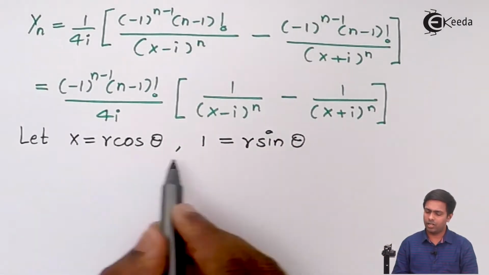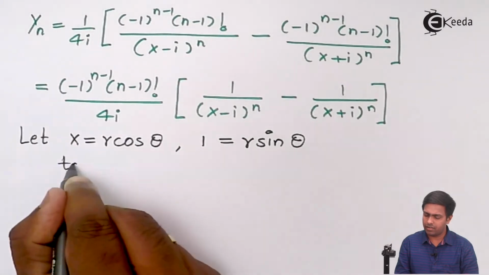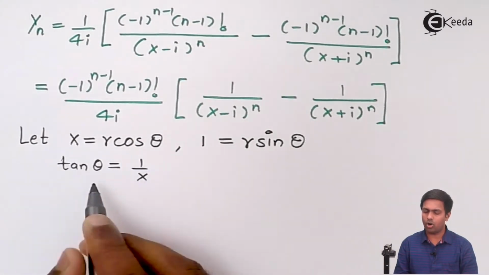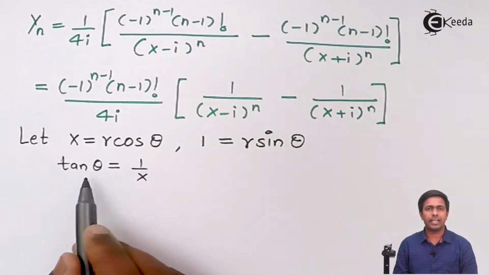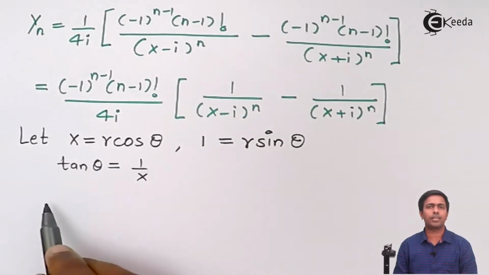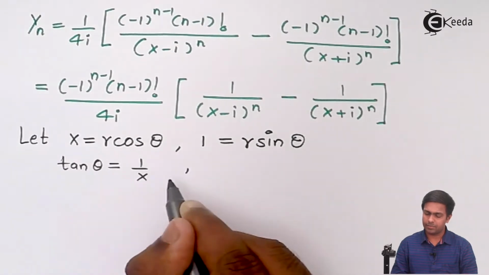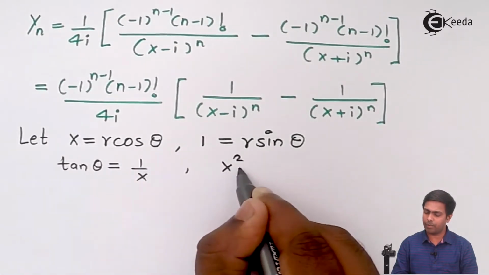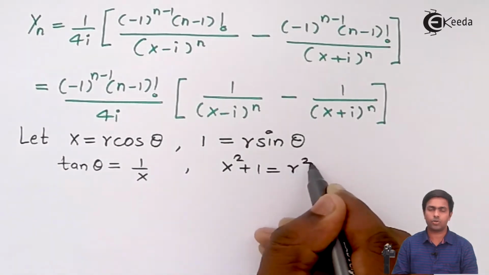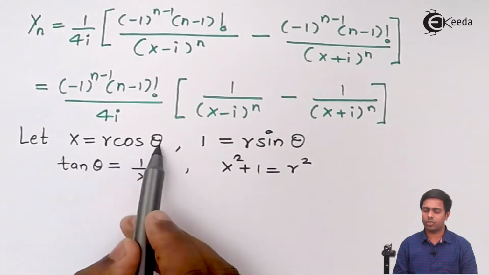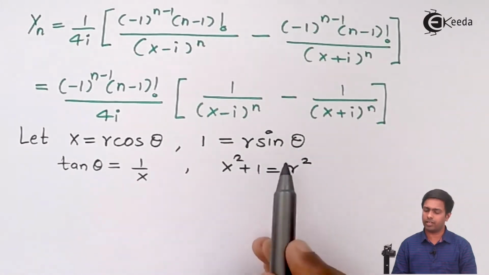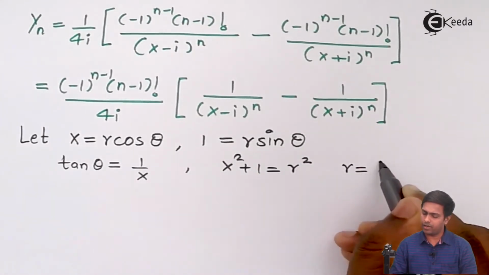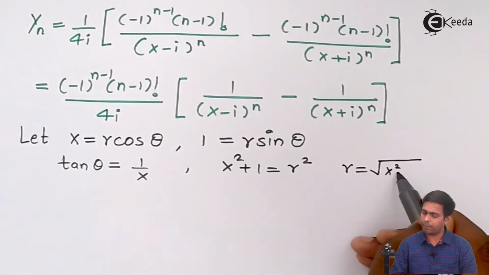Now guys, here we can get the value of tan theta as 1 upon x, or theta as tan inverse of 1 upon x. Next, if I square and add, we'll get x square plus 1 equal to r square, because r square cos square theta plus r square sin square theta will give us r square. So therefore the value of r will be under root x square plus 1.